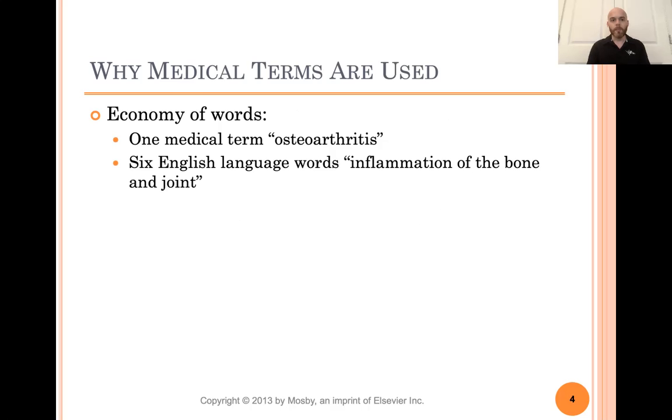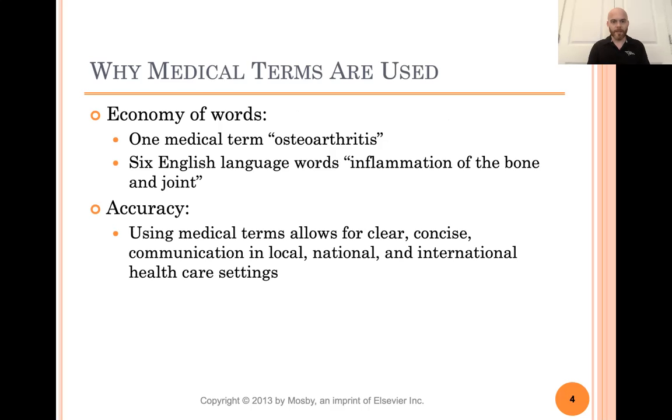Okay. Now, whoops, I already went ahead a little bit, but let's say the medical term osteoarthritis. That term means inflammation of the bone and joint, but there are 6 English language words that have that exact same meaning. The medical term for arthritis of the bone and joint is osteoarthritis.